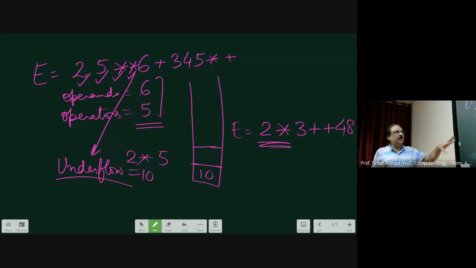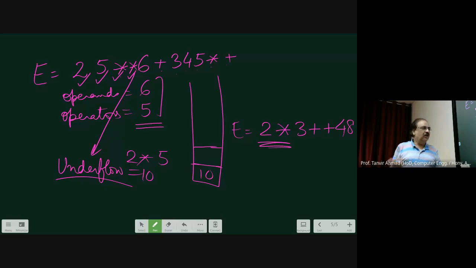And therefore, in order to detect whether the string is correct or not, you have to use this algorithm. It is not only to evaluate the postfix, but also to test whether the expression is correct or not, whether the operators and the operands are at the correct positions.